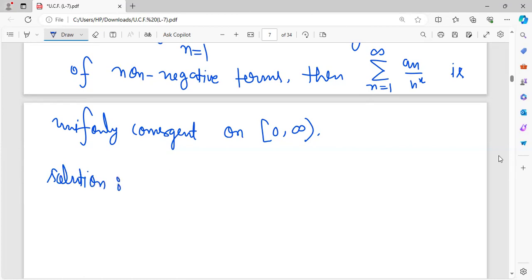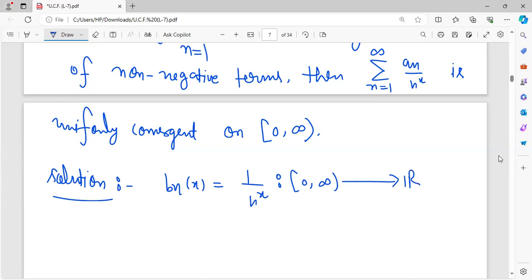Now you see that first of all this sequence is b_n(x), you take 1 upon n^x. So this is a non-negative sequence, so b_n(x) is non-negative for all n belongs to N and x belongs to 0 to infinity.